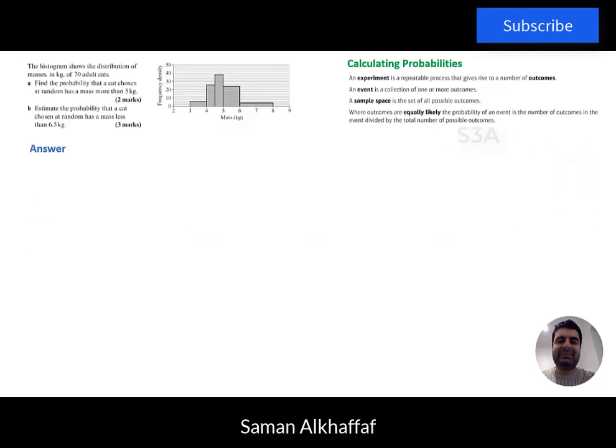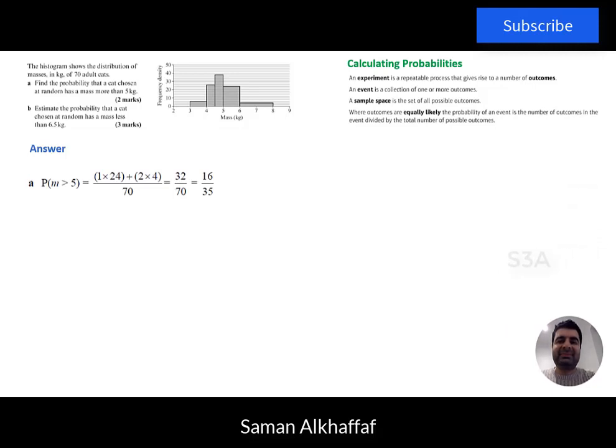In this example, the histogram shows the distribution of masses in kilograms of 70 adult cats. For part A, find the probability that a cat chosen at random has a mass more than 5 kilograms. So we will start the first step by looking at weights below 5 kilograms. We take the probability of lower than 5.